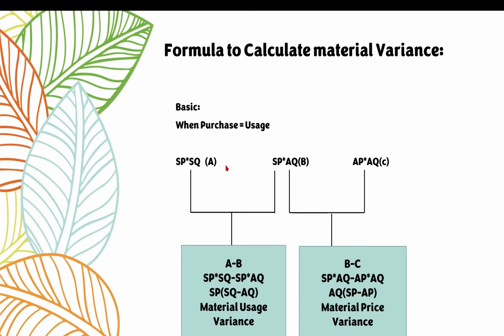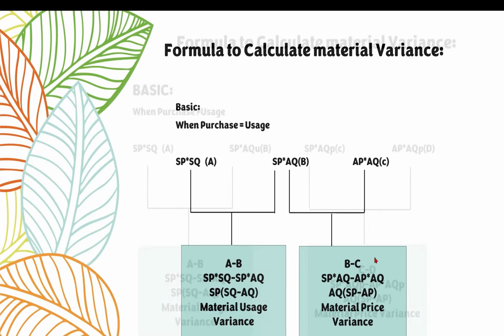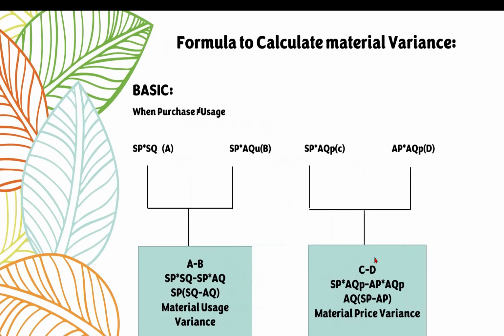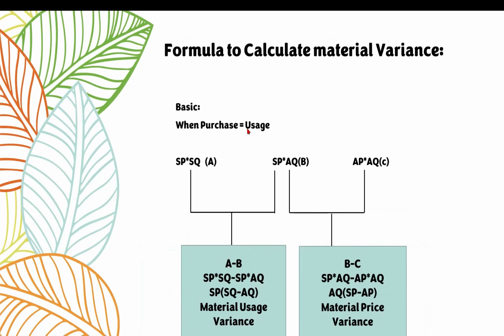That's why I have written A minus B, that is SP into SQ minus SP into AQ. Then taking SP common, this will be the formula for the material usage variance. And for the last two, the difference, B minus C, will be your material price variance. Okay, so that was the case when your purchase is equal to usage, meaning there is no closing stock.